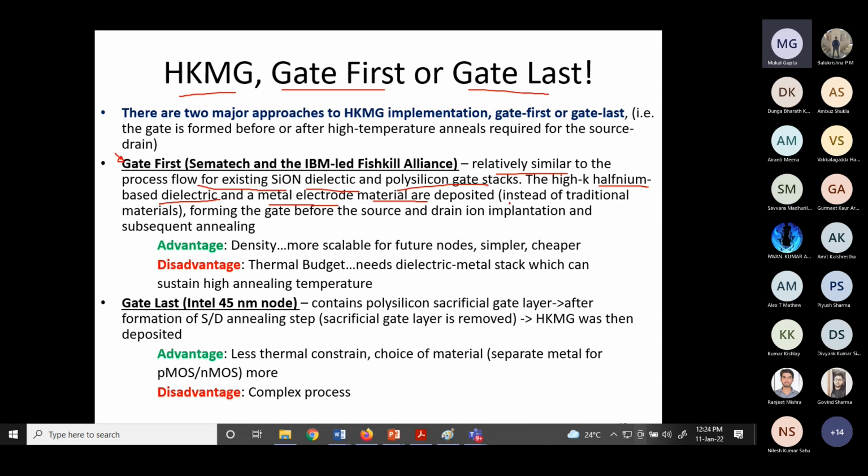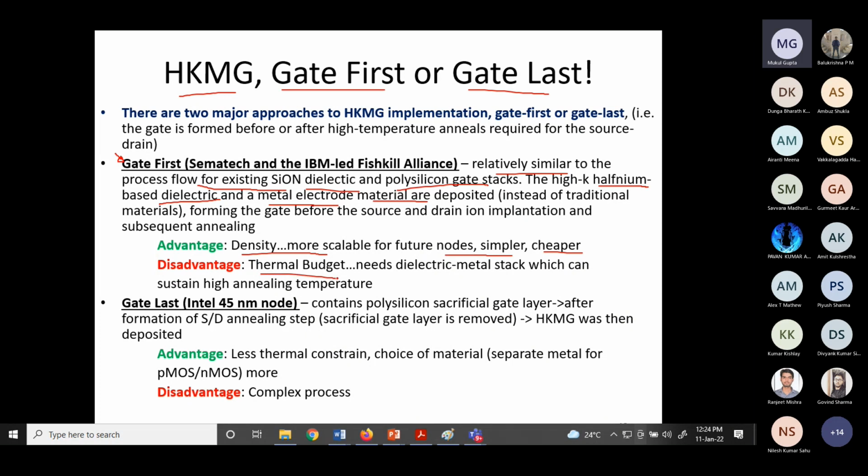So what is the advantage? Advantage is density, because if you have gate first approach, you will be able to accommodate more devices. You can follow Moore's law in the future node. And it's a simpler technology, cheaper technology, and so on. So that is the gate first approach advantage. What is the disadvantage? Disadvantage is of course thermal budget.